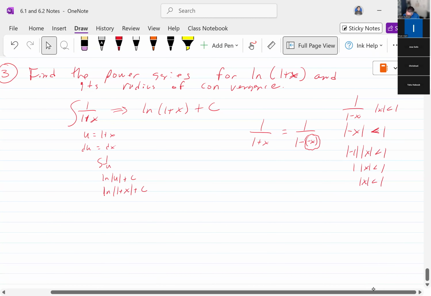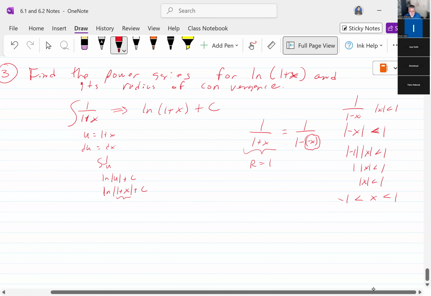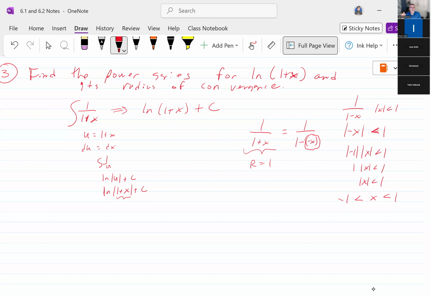So what does this tell me? That tells me that x is already restricted from negative 1 to 1. The radius of convergence of this, r, is equal to 1. So if the smallest value that I can take on here is some negative fraction, isn't 1 plus a negative fraction still going to be positive? Does that make sense?